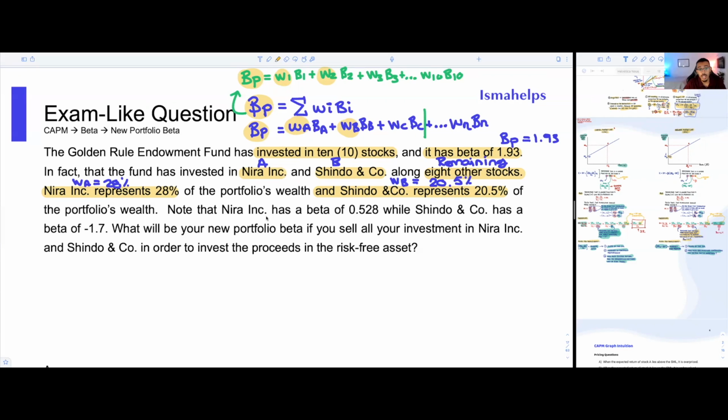Okay, so they're telling you, note that Nero Inc. has a beta of 0.528. That's awesome stuff. So we know that the beta of asset A, in this case, that we coined as asset A, is equal to 0.528. What a nice number. While Shindo and Company has a beta of minus 1.7.